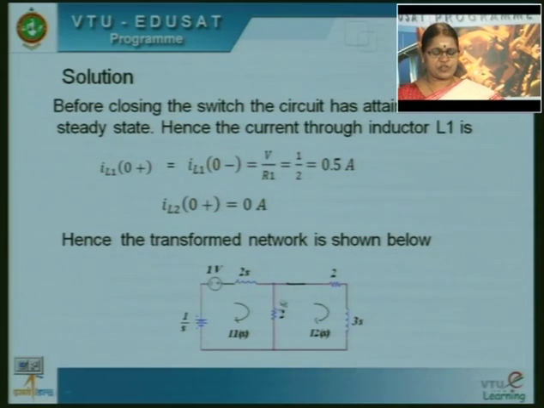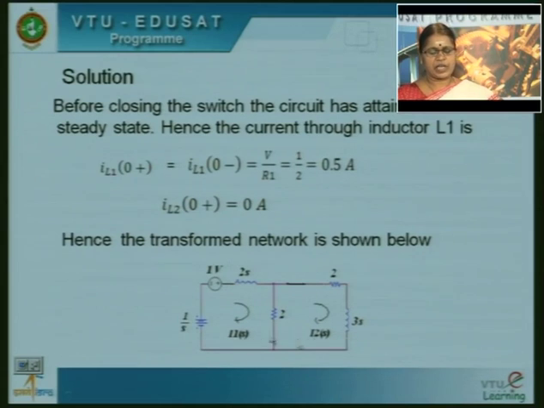If I write the loop equation for this loop, there is a supply voltage of value 1 by S, which is in series with 1 volt. So, the total voltage here is 1 by S plus 1. So, the total voltage in this network is 1 by S plus 1, and the current flowing through the impedance of value 2S is I1 of S, whereas the current flowing through this resistor is given by I1 of S minus I2 of S, because this is the element which is common between the two loops, the first loop and the second loop.